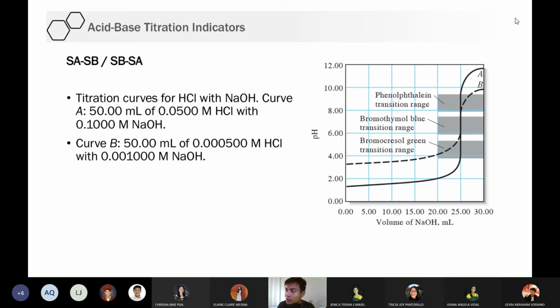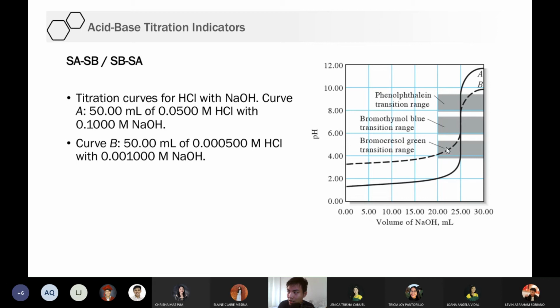So for example, ito, yung solid line, pwede mong gamitin ang phenolphthalein, bromothymol, bromocresol. However, kapag lumiliit na yung concentrations mo masyado, lumiliit na yung inflection point, that means hindi na pwede gumana yung ibang indicator. Pansinin nyo yung phenolphthalein, wala eh. Post-equivalence na yun eh. So, hindi mo pwede gamitin yung phenolphthalein doon.